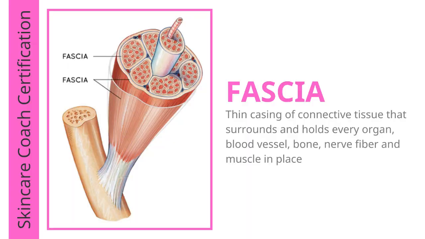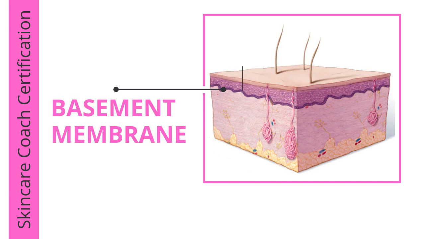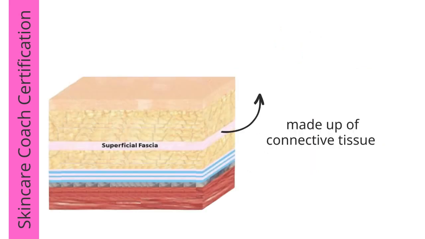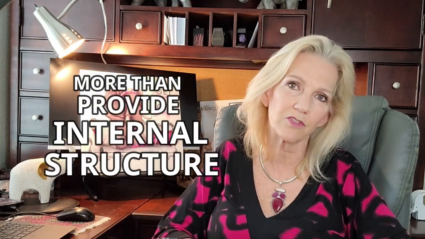In general terms, the body's fascia is a thin layer of connective tissue that surrounds and holds every organ, blood vessel, bone, nerve fiber, and muscle in place. The outer layers of our skin, also known as the basement membrane, are actually made of connective tissue called superficial fascia. This fascia connective tissue does more than provide an internal structure.